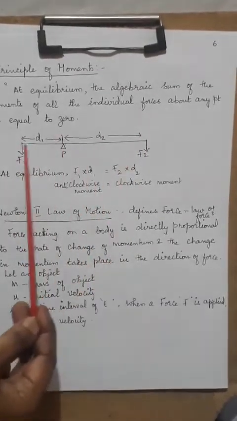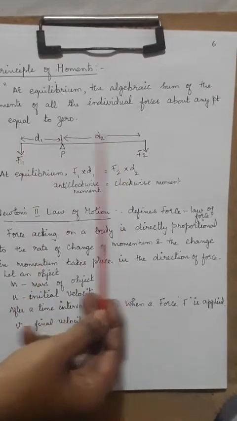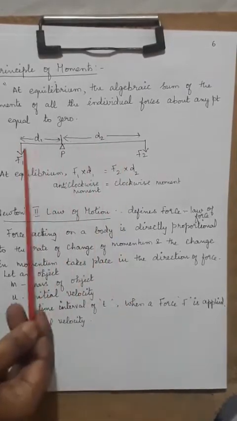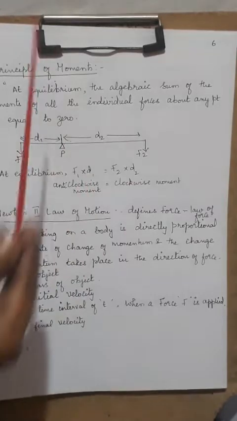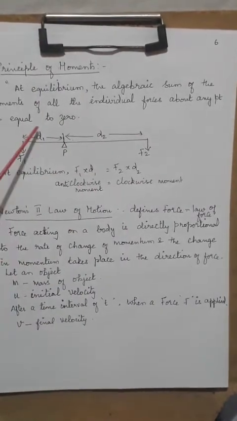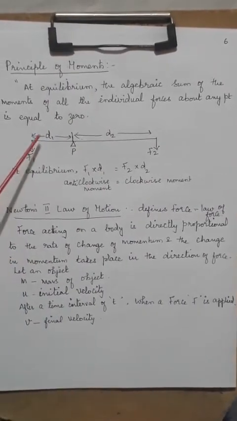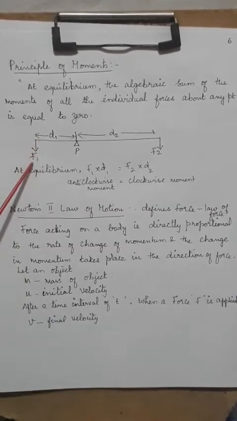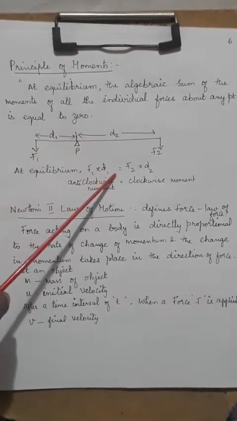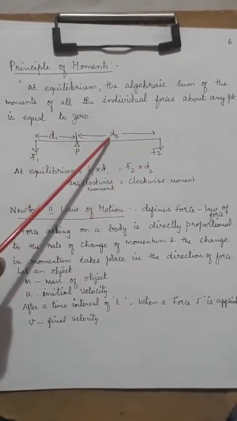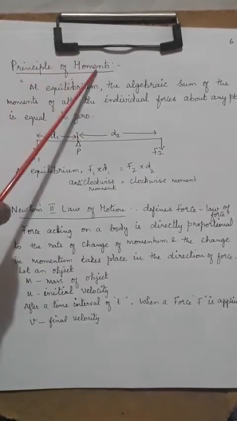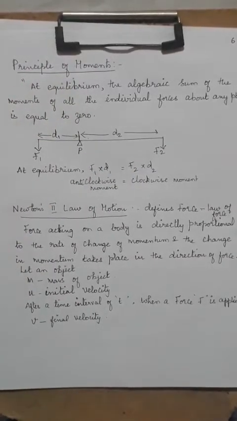What happens is that the scale will be standing in an equilibrium position. What that means is that the anti-clockwise moment F1 into D1 will be equal to the clockwise moment F2 into D2. This is what the principle of moments is.